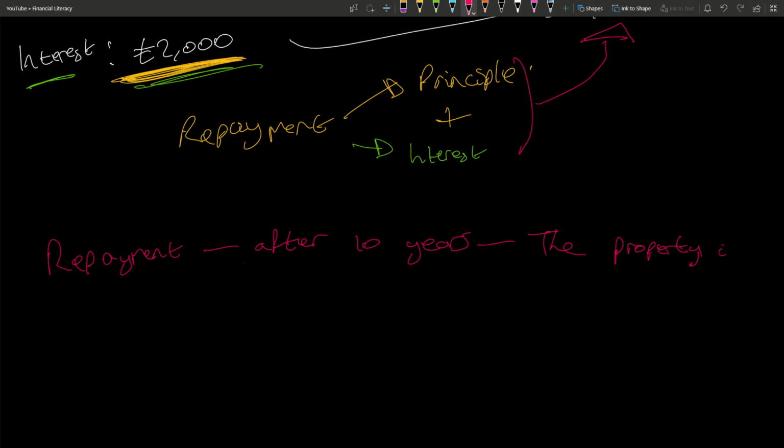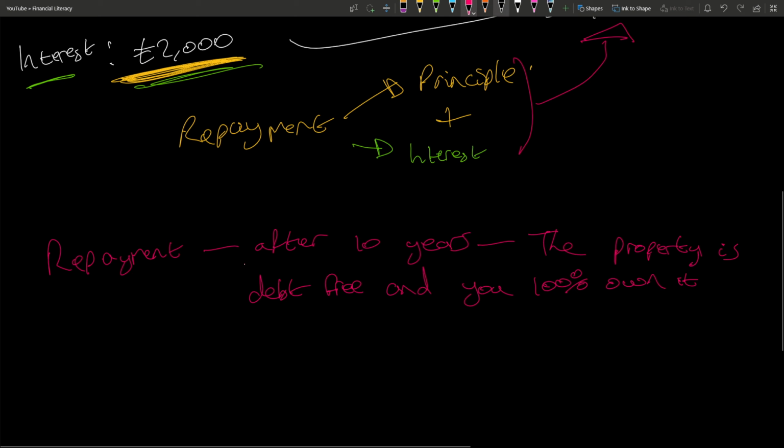Same principle. The property is debt free, assuming you haven't remortgaged or taken out any loans on the property in the meantime, and you 100% own it. That's obviously fantastic. Owning a property, owning anything 100% sounds pretty good.